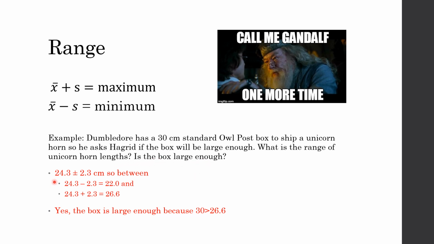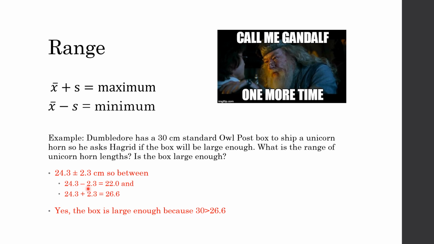Okay, so we know that the average length was 24.3, so that's our average here. And we know that our sample standard deviation was 2.3 centimeters, right? So that's the S here. So we're going to add our sample standard deviation and subtract our sample standard deviation to find our range.